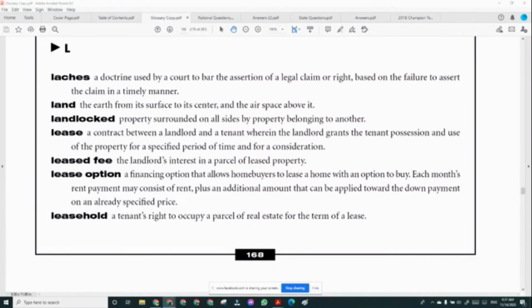Okay. Land: the earth from its surface to the center and the airspace above it. So land is the floor, right? It's the ground. However, if there's a mountain, the land goes up towards the sky and then down to the center of the earth, right?